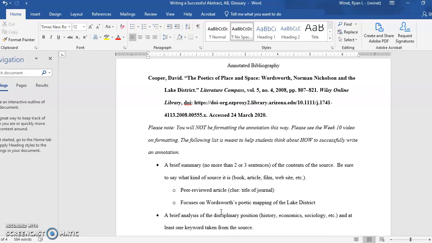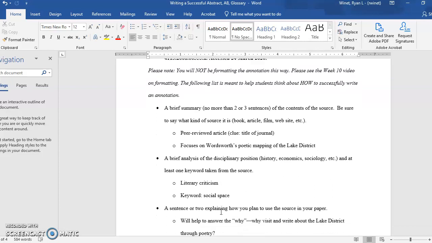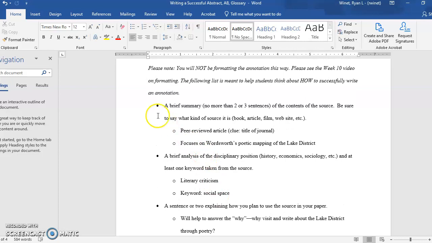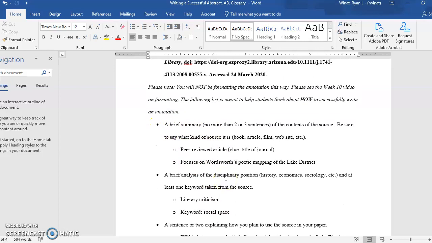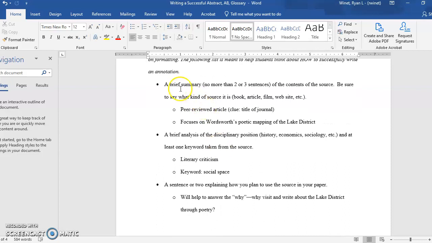And that, very briefly, is how you will write a successful annotated bibliography. Make sure that in the final version of your annotated bibliography that you are writing this in the form of an unbolded paragraph block. It should include a brief summary, which tells me what kind of source it is and what generally the argument is about.